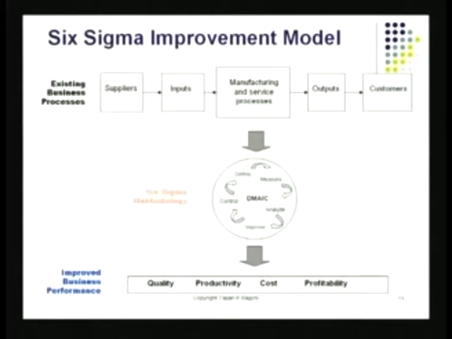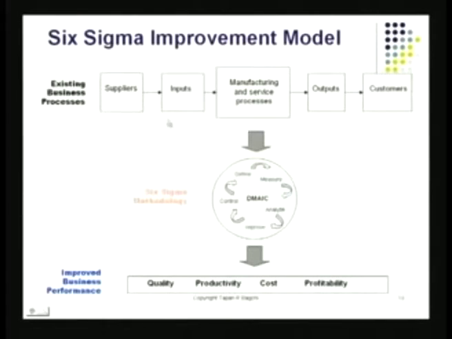Again, if you look at the top line there, that's an existing business process. It shows you a flow chart. In fact, if we go from the left to the right, it shows you suppliers are supplying some parts or materials or labor, and those constitute the input. Then I've got the conversion process, which is the manufacturing or service process. I produce some outputs and those are sold to customers.